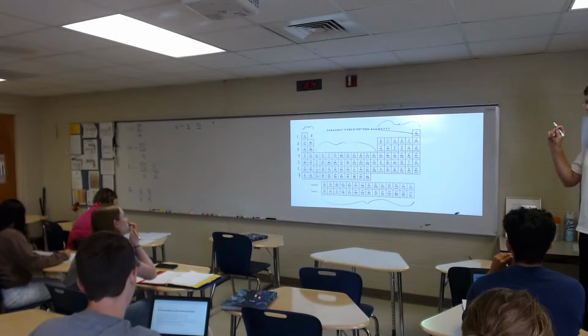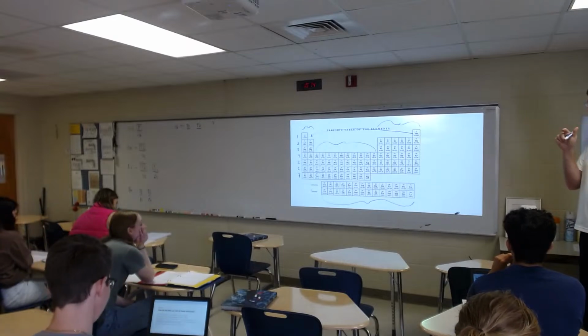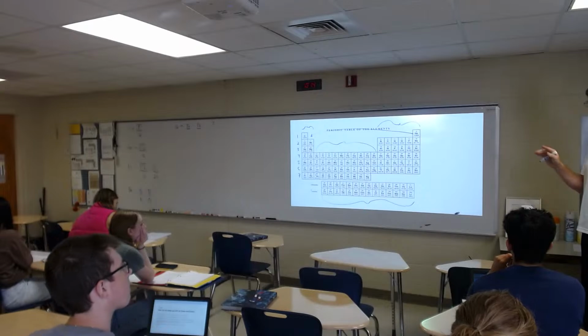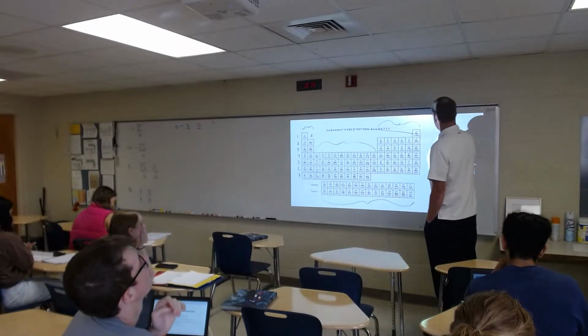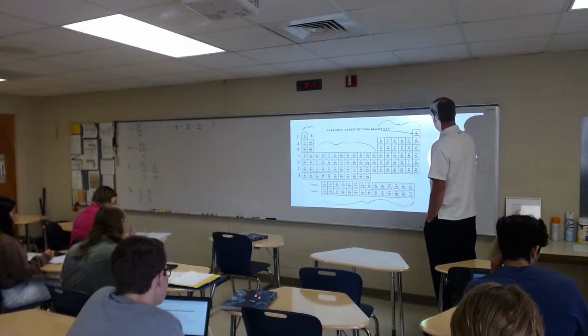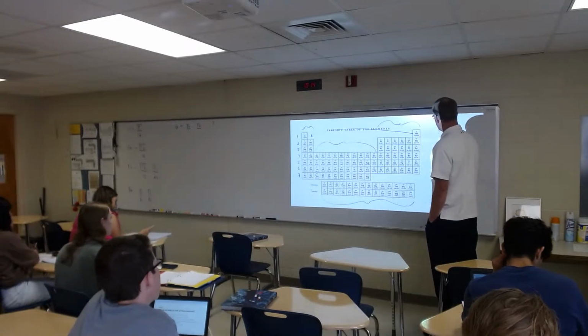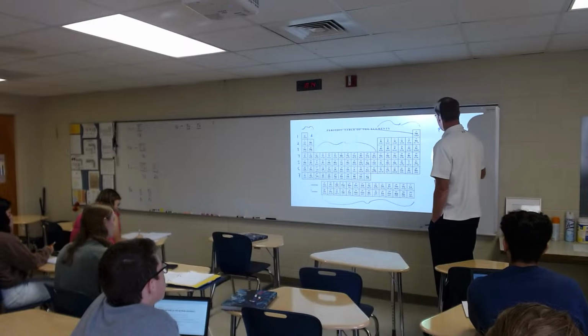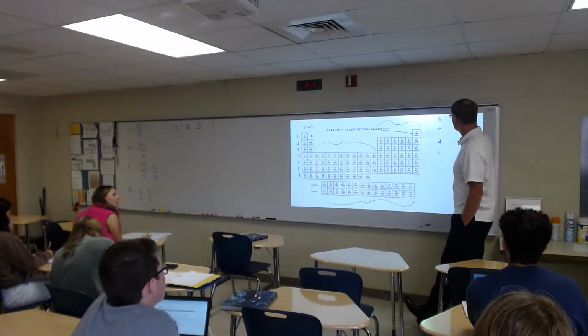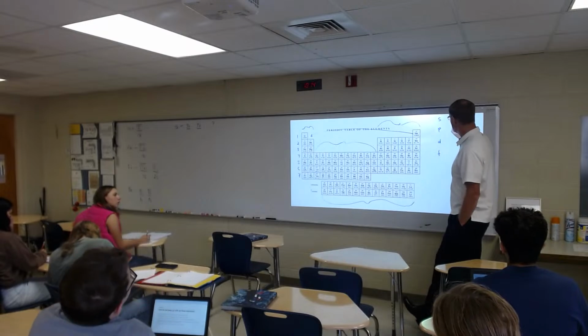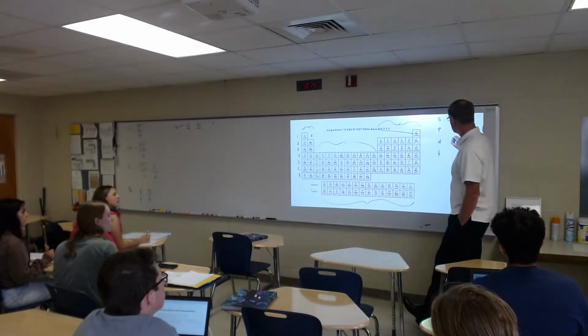How many types of orbitals were there? 4: S, P, D, and F, right? And how many types of S were there? We chanted it together. 1. How about the P's? 3. And the D's? 5.